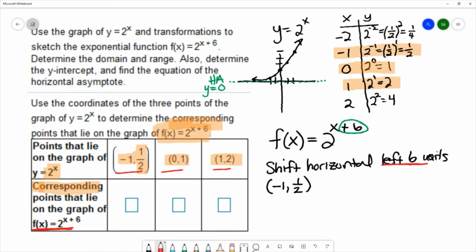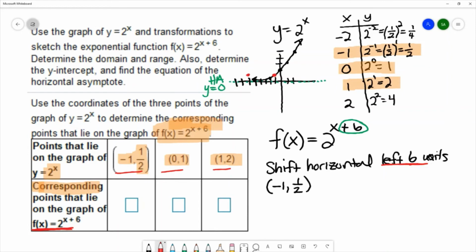We have this point right here, which is -1, 1/2, and we want to shift that left 6. If we shift that left 6, we arrive 1, 2, 3, 4, 5, 6 right here.